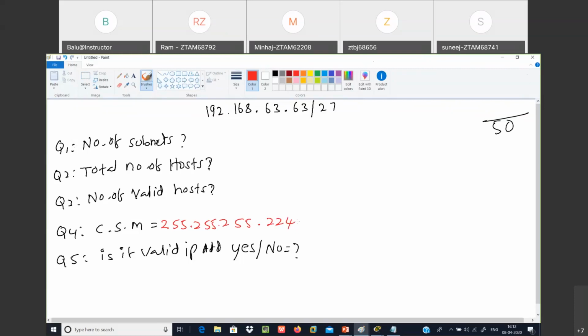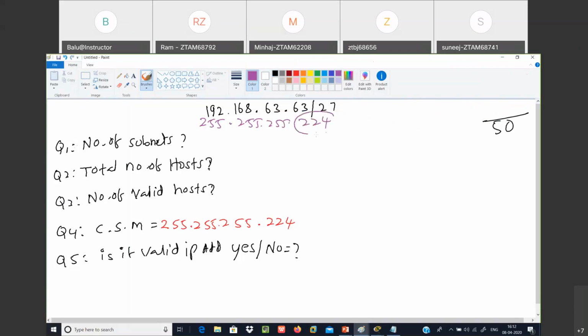All of you, is it clear now? Question number 4. If question number 4 is okay, the remaining questions are easy. You can get the answers to all of them simply. Let me write the subnet mask: 255.255.255.224.